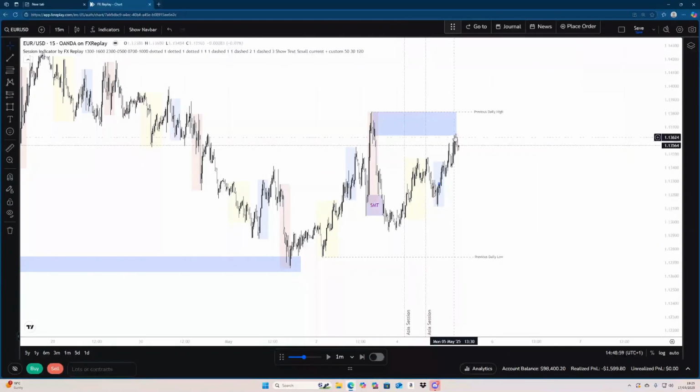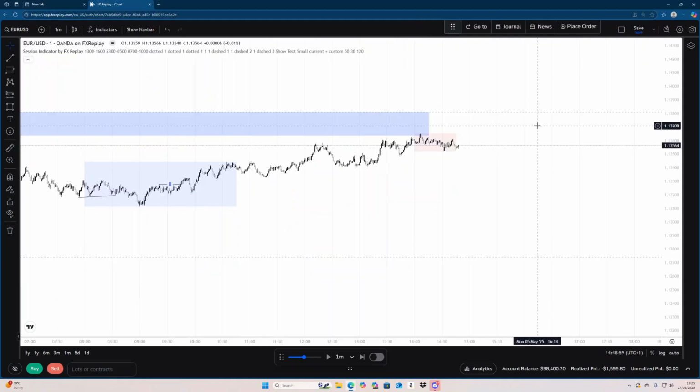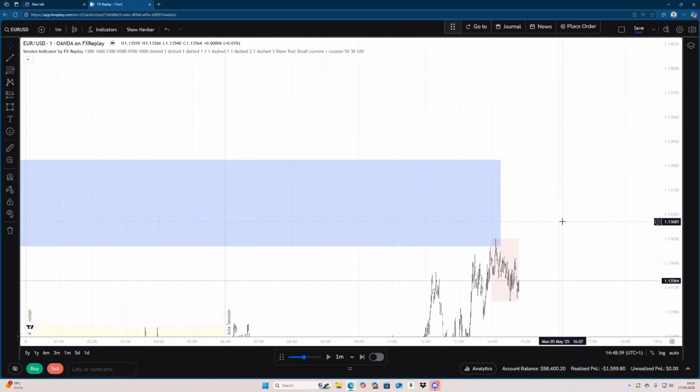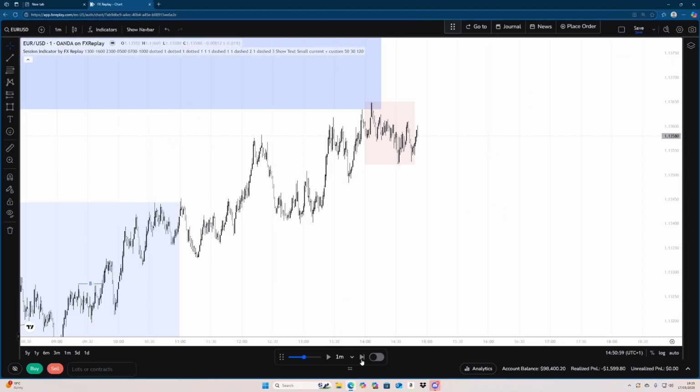But now we're arriving at this supply. To be honest, I'm not sure about this supply, so just wait for confirmation. Let's look for the low, if the price changes character and breaks structure, and then look for some other block to enter.